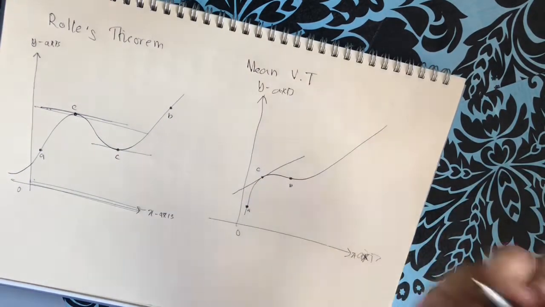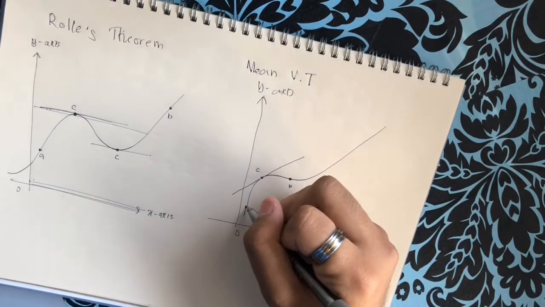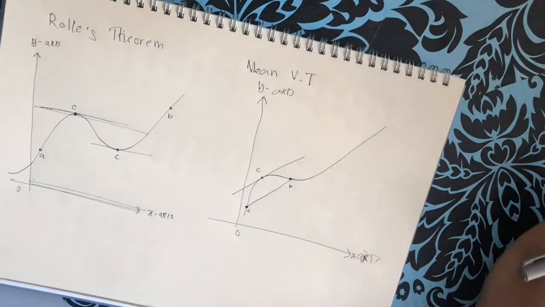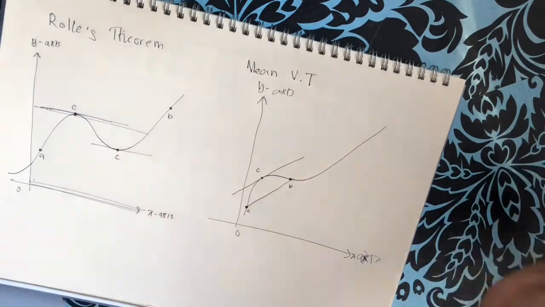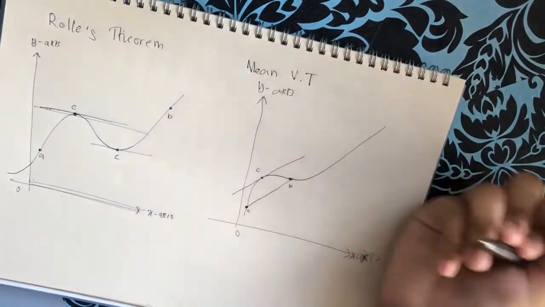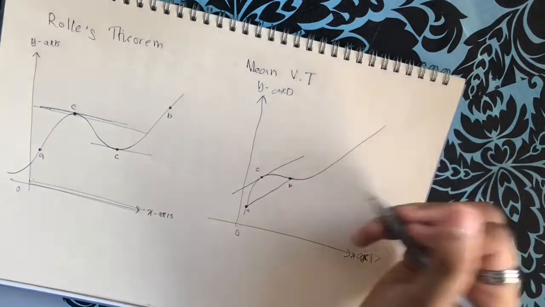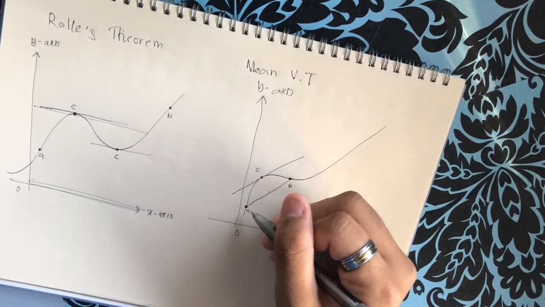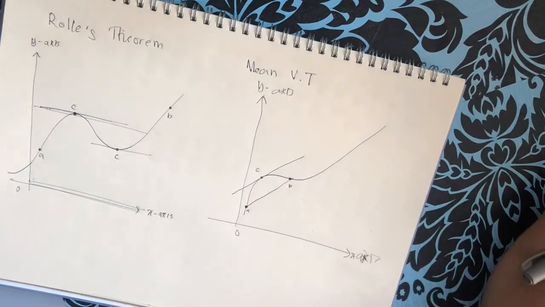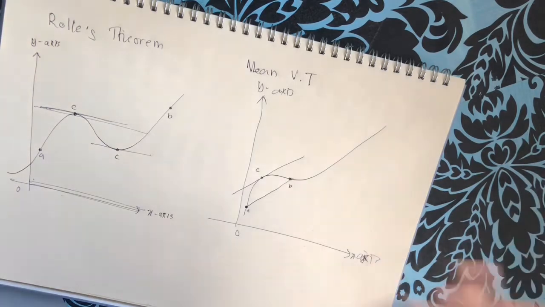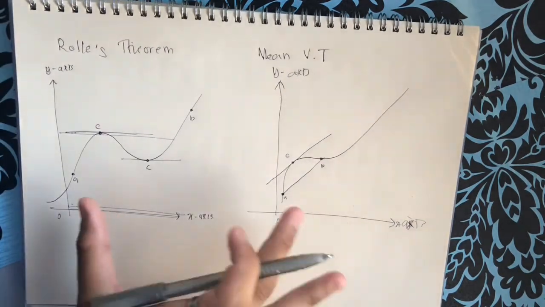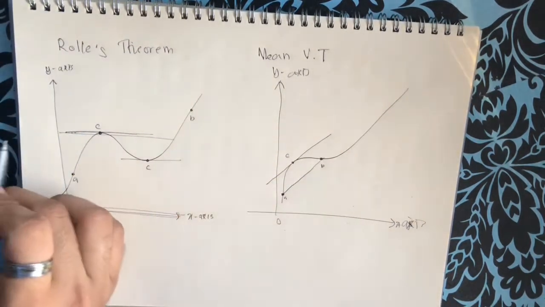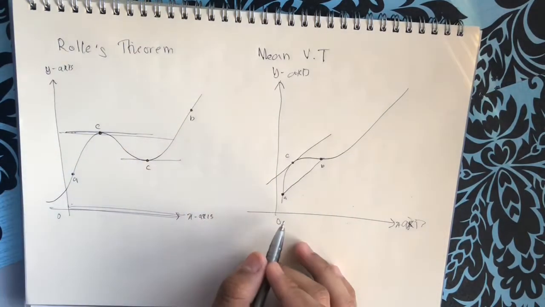If we connect point A and point B, you can see in this example that the tangent at point c and the line connecting A and B are parallel, so they have the same gradient. These two graphs show the difference. For Rolle's theorem, the tangent at c must be parallel to the x-axis.